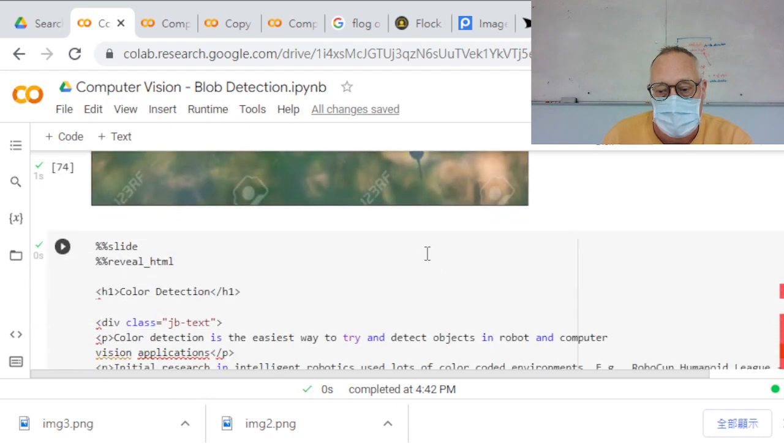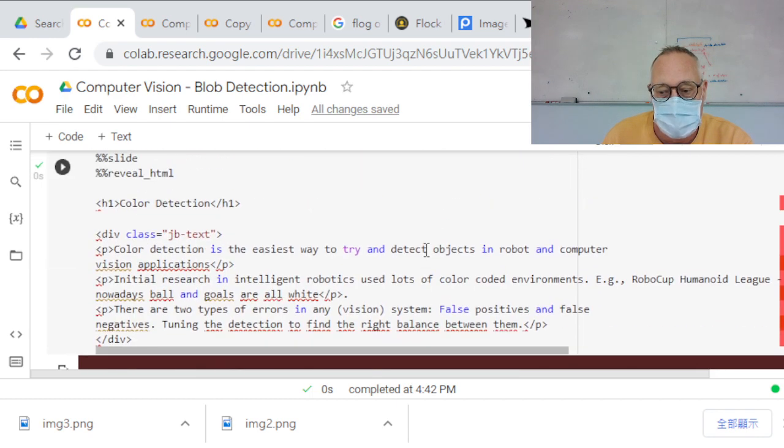Now, any system that we tune, we have to balance, and most of the algorithms you can tweak, right? You can tune them. You need to find the right balance between type 1 errors, false positives, and type 2 errors, false negatives.